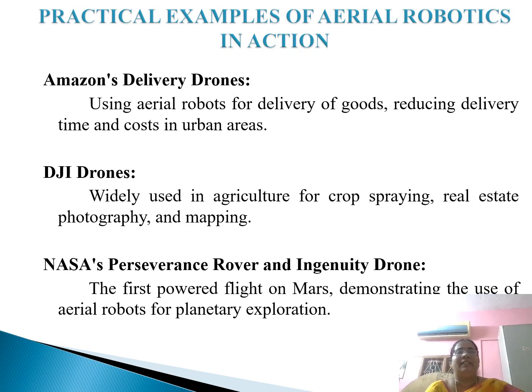Next, we have to see practical examples of aerial robots in action. Amazon's delivery drones: used for delivery of goods, reducing delivery time and cost in urban areas. Next, DJI drones: widely used in agriculture for crop spraying, real estate photography, and mapping.